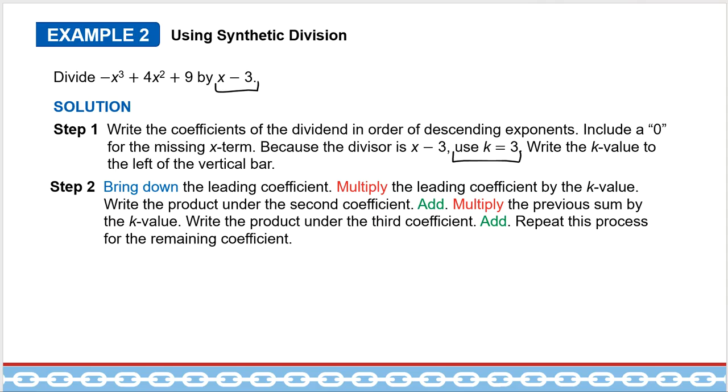And then we're going to bring down the leading coefficient, multiply that by the k-value, and that's going to go under the second coefficient. So it's kind of hard to read through these steps without a visual, but I'm going to talk you through a problem here in just a moment.